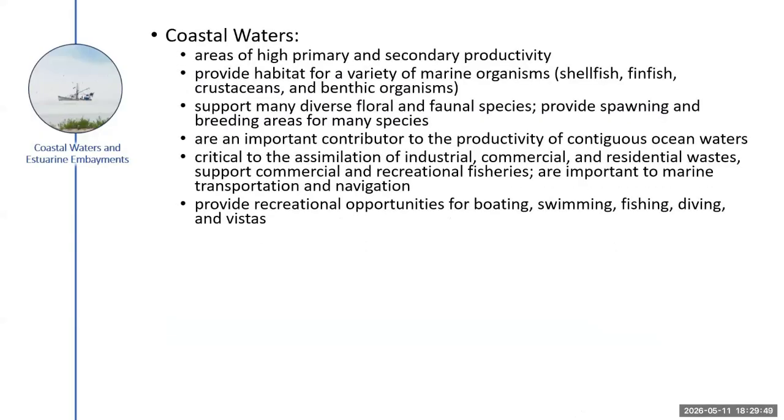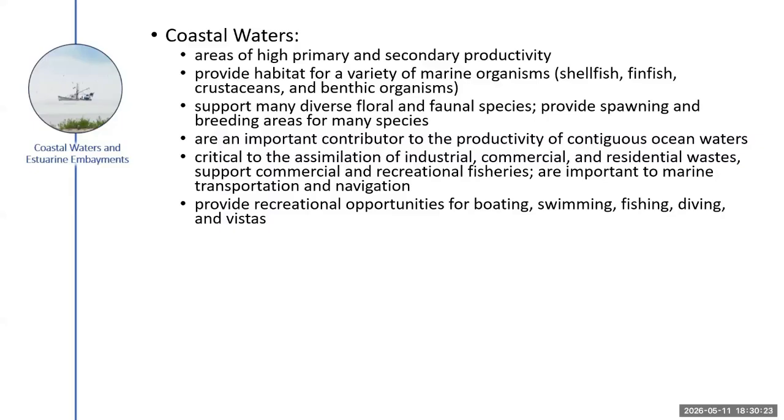And so coastal waters, as you all probably know, are areas of high primary and secondary productivity. Lots of things live in there. They provide habitat for a wide variety of marine organisms, for example shellfish, finfish, crustaceans, and benthic creatures. They support a wide variety of flora and fauna, spawning and breeding areas, and are an important contributor to the productivity of neighboring coastal waters.